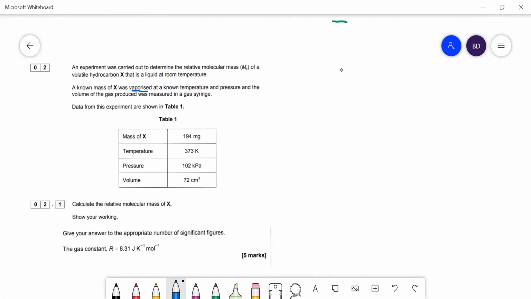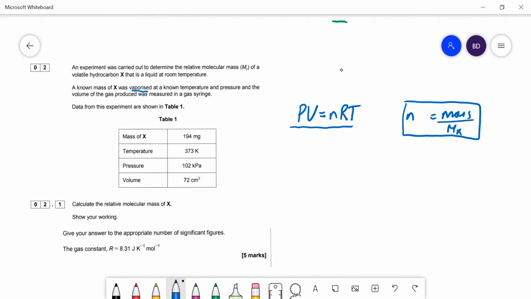So the 2 equations we're going to use are PV equals nRT, where n is the number of moles, and moles equals mass over MR. We're going to find n using the ideal gas equation, and then substitute that value into here to work out the MR of the gas.